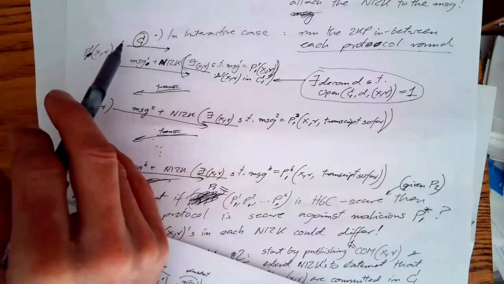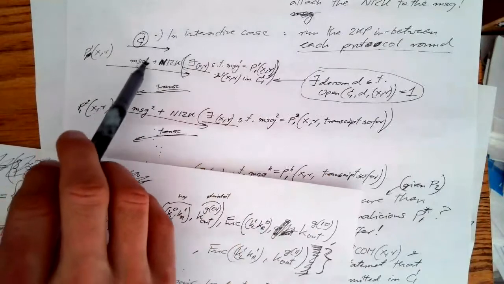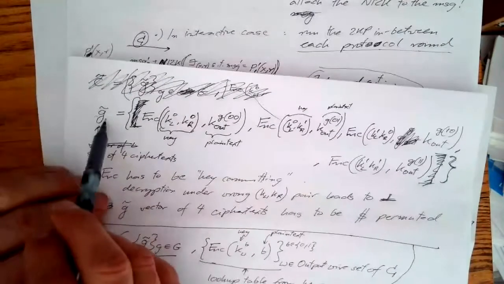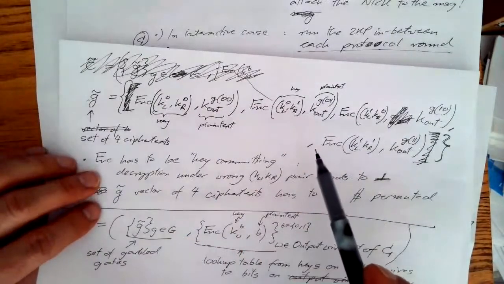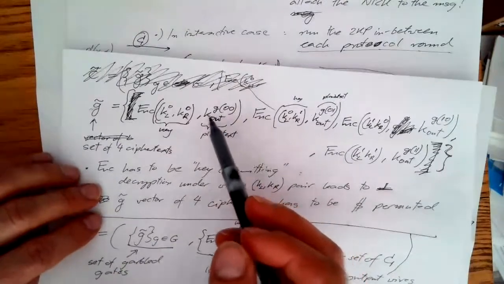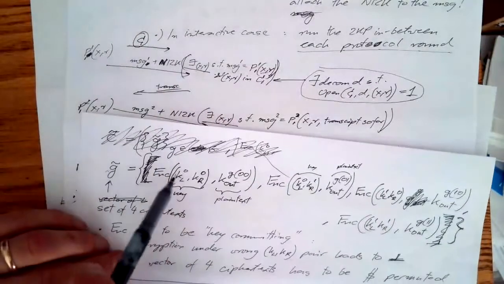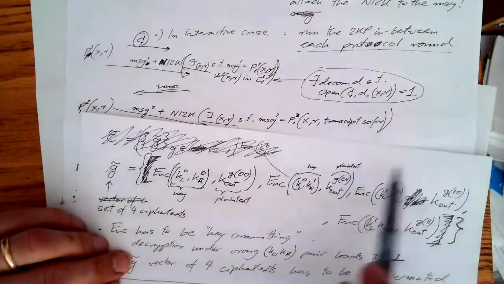So he commits to all this stuff and then proves in zero knowledge that the message is the garbled circuit, which is a collection of these garbled gates, that each of them is created correctly on all these committed keys. So all the wires are labeled.